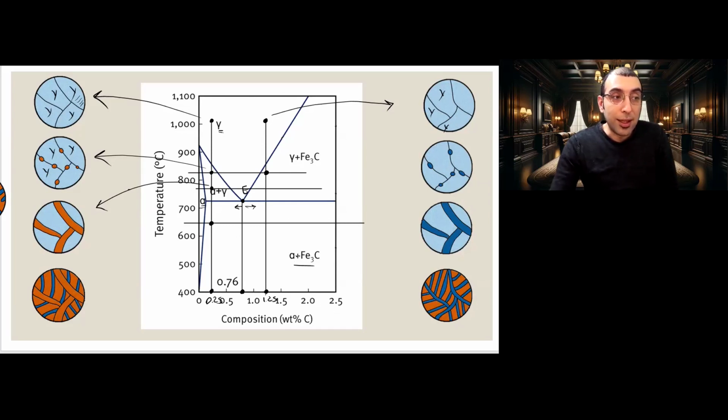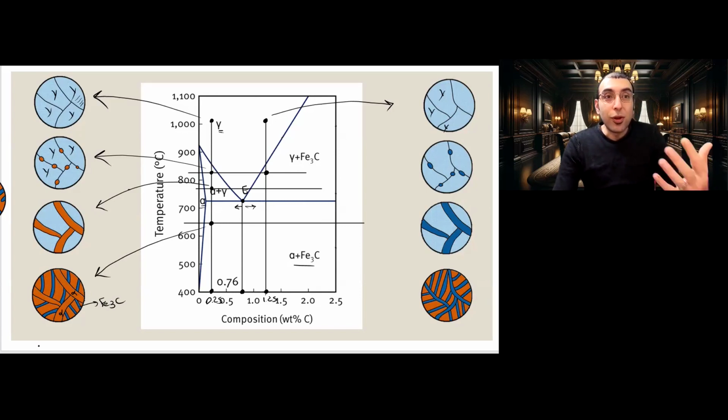So in this region you get left and right borders of alpha plus cementite. At this temperature, because you're in this region, you're getting this. Orange is alpha, and blue is cementite. The phase diagram is telling you what you should get.